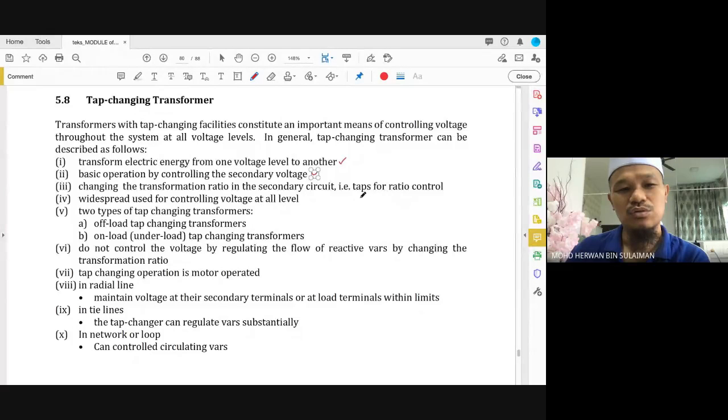So taps are used for ratio control, and they are widely used for controlling voltage at all levels.